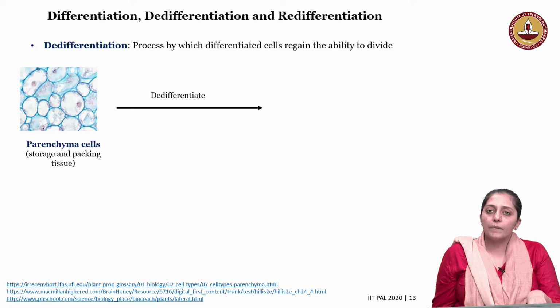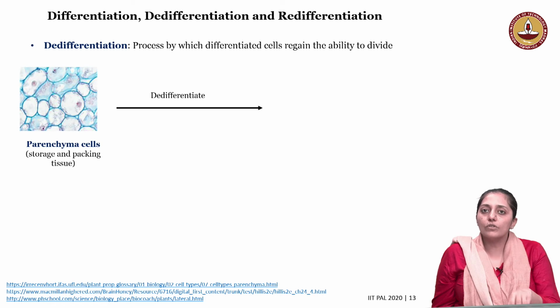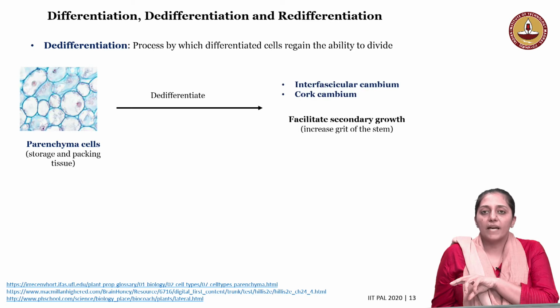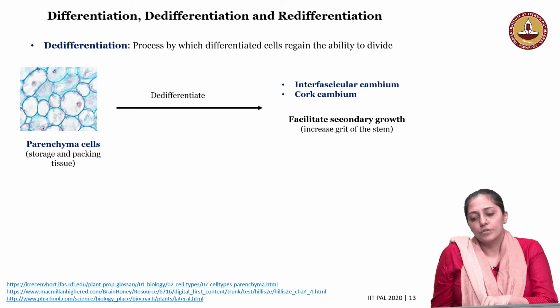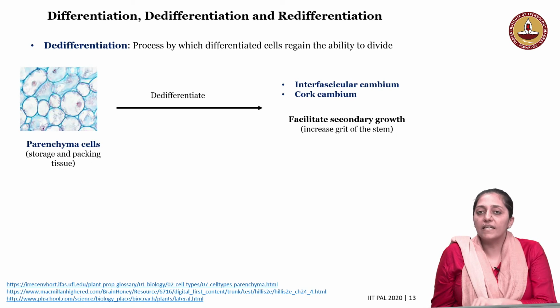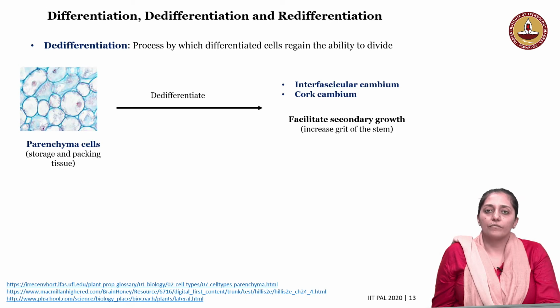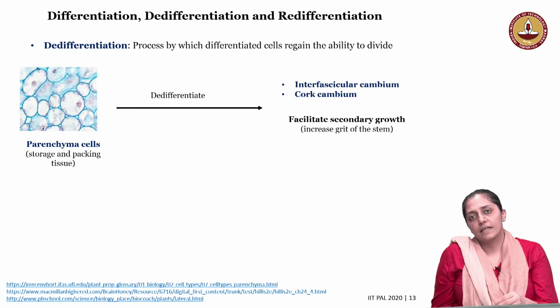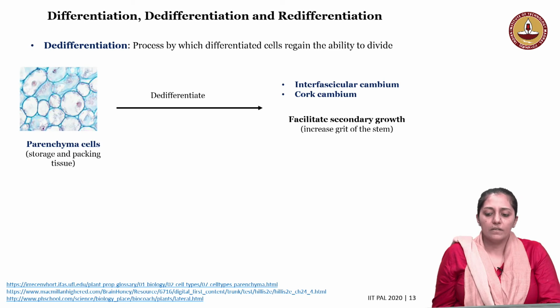These parenchyma cells also dedifferentiate, revert back to a meristematic state to help in the interfascicular cambium or in the cork cambium, and they facilitate the secondary growth of the plant. In this case, it will increase the girth of the stem.